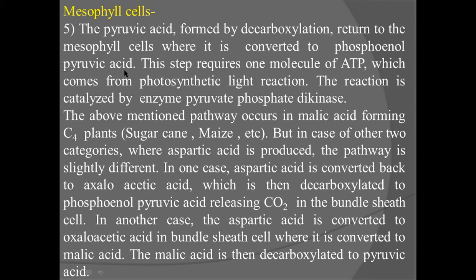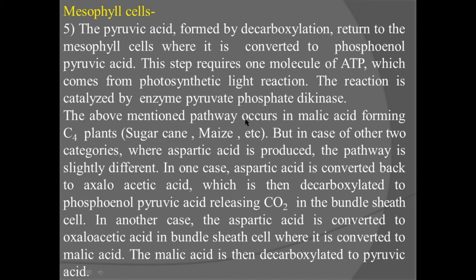It is also a 3-carbon compound. This step requires 1 molecule of ATP, which comes from photosynthetic light reaction. The ATPs are synthesized during cyclic and non-cyclic photophosphorylation. The reaction is catalyzed by enzyme pyruvate phosphate dikinase.